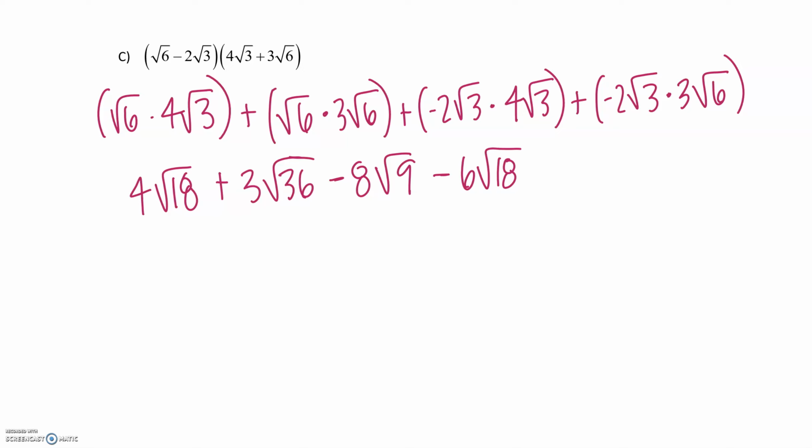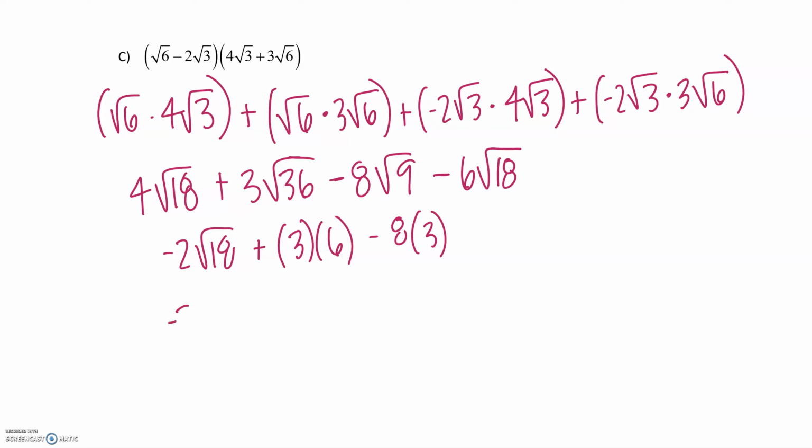So right now we have negative 2 square roots of 18, plus 3 times 6, minus 8 times 3. So we have negative 2 square roots of 18 plus 18 minus 24.